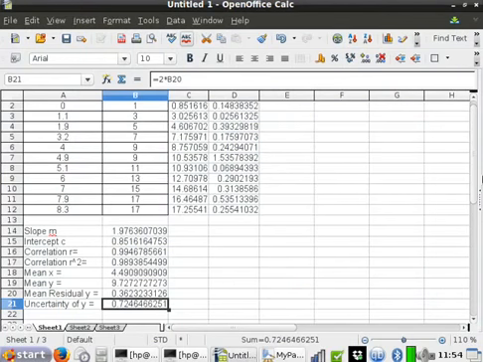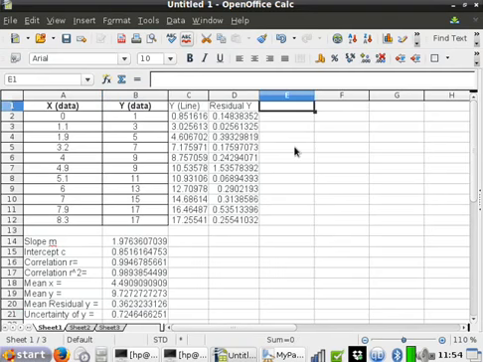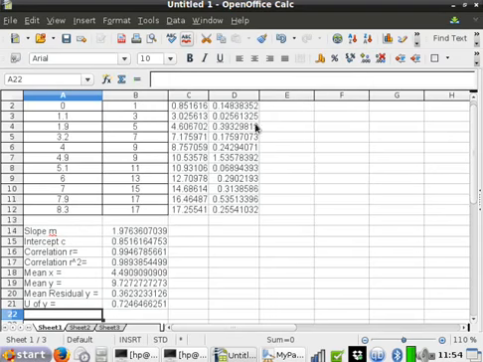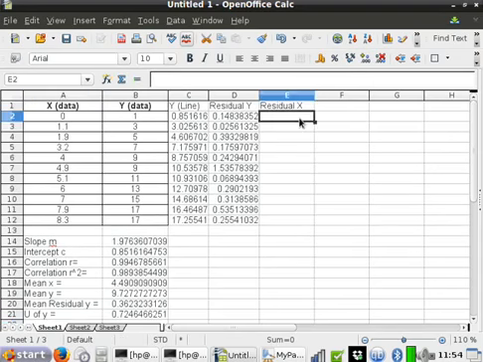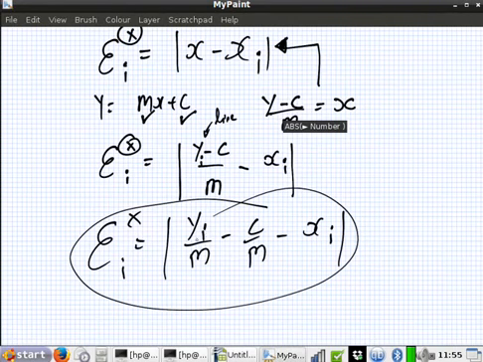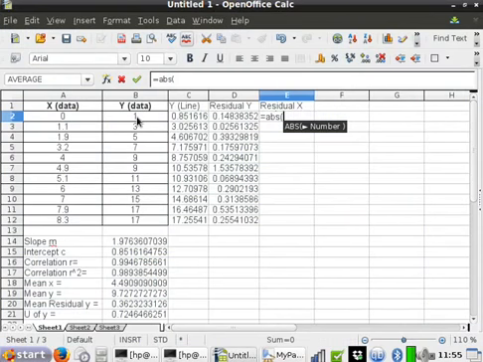Okay, so here is the residual in the x equals absolute. Right, what's the first part of the formula? The first part of the formula is yi over m, the first point, y-i, over the slope.